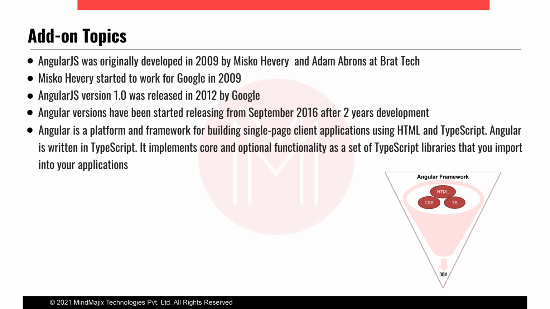By combining all these things, the Angular framework has been designed. HTML is a language, CSS is a language, and JavaScript or TypeScript are languages. By clubbing these three languages, they have formed a framework, so that you no need to write separate programs for HTML, CSS, and all those things.